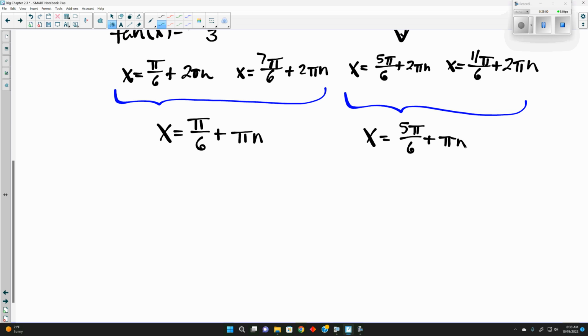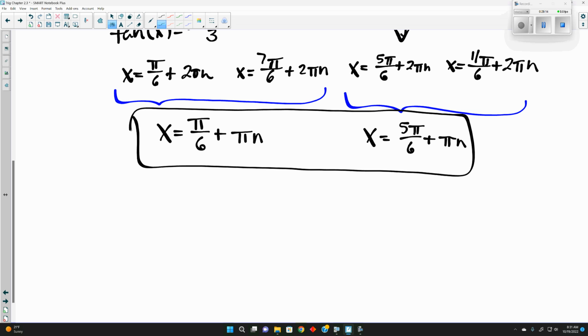When we have that two of the answers are 180 degrees apart from each other, and we don't have the restriction on what the angles can be, we could rewrite it as these two here. And having the 4 above it listed is not wrong. Those are the correct answers.